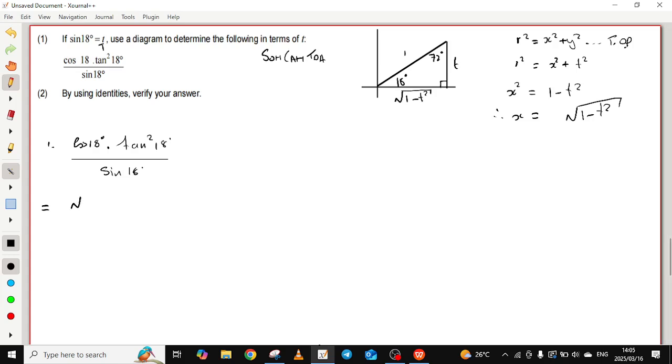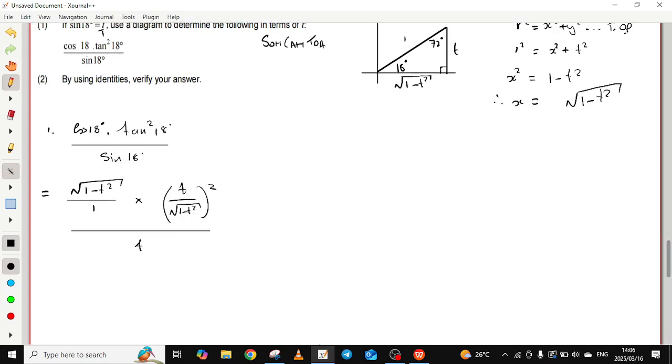So this means we are going to have adjacent, which is the root of 1 minus t squared, over the hypotenuse, which is 1, times tan, which is TOA, opposite over adjacent. So this will be t over the root of 1 minus t squared. And since it is tan squared, this is going to be squared. Then sine 18 is just t. So this is what we have, good people.